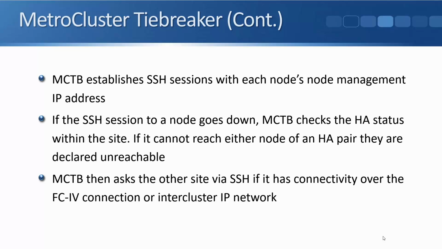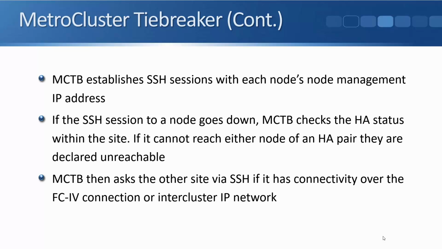So in this case, if the third site where MCTB is has lost connectivity to, say, site 1, it then asks site 2, hey, have you also lost connectivity to site 1 over both your FCVI fiber channel connection and your IP network?